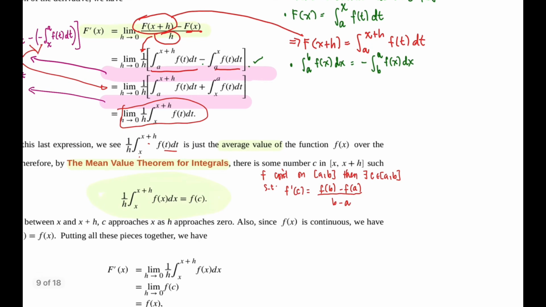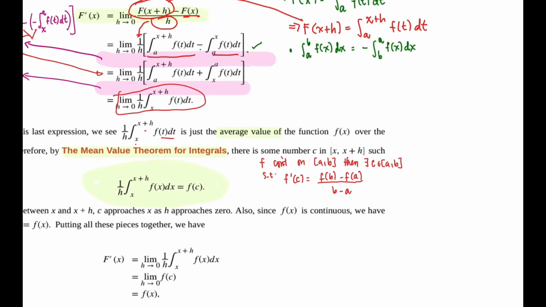Now, the mean value theorem for integrals is a direct consequence of the mean value theorem for derivatives. So I'll just write it here. The mean value theorem for integrals says that the integral of f of x dx from a to b is equal to f of c times b minus a.